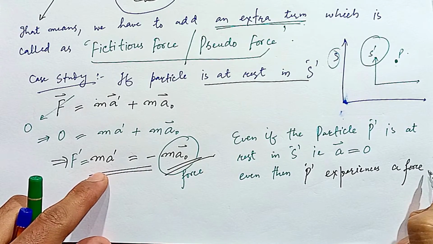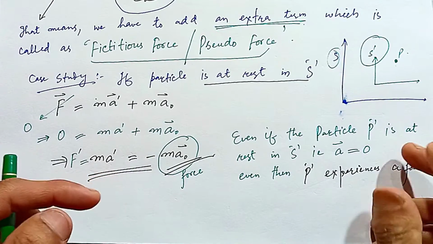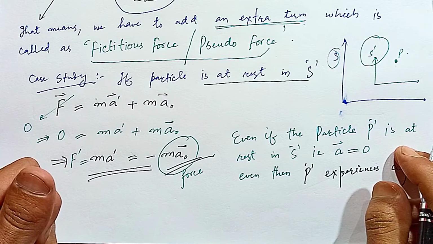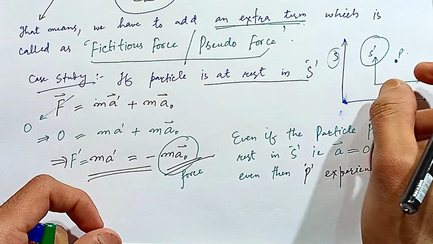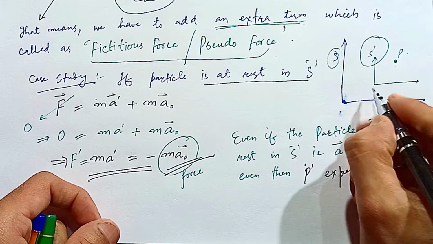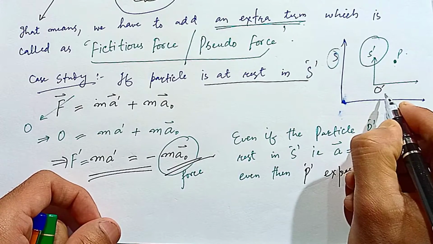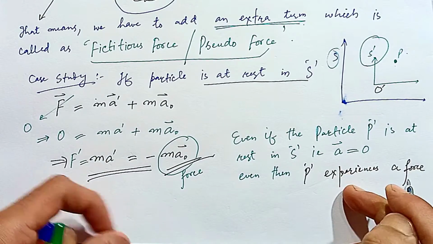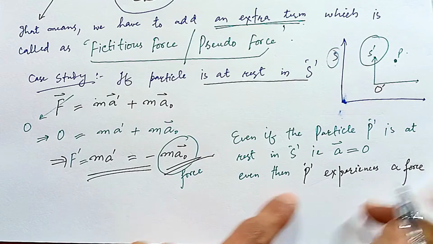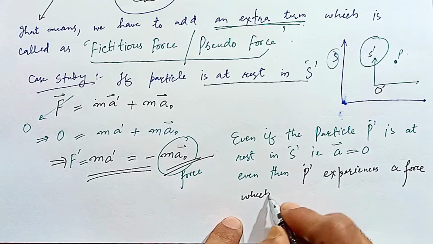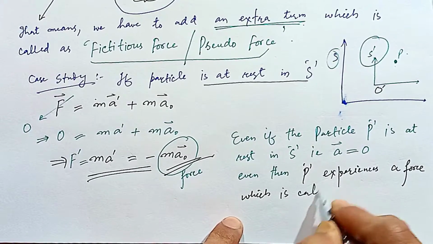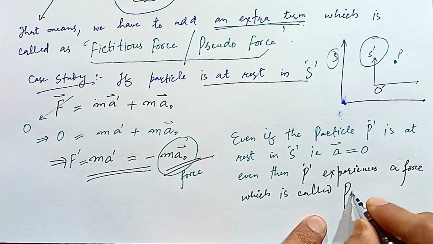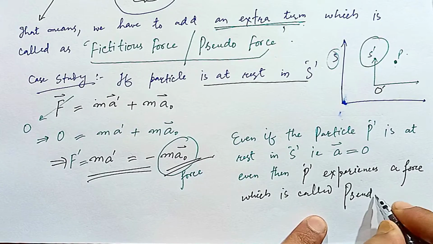And that force is not because some external force is applied onto this. No, it is because the frame of reference O prime is itself accelerated, and that gives the origin to that force. It experiences a force which is called the pseudo-force or the fictitious force.